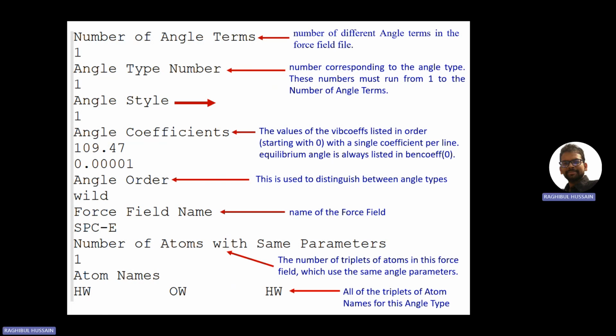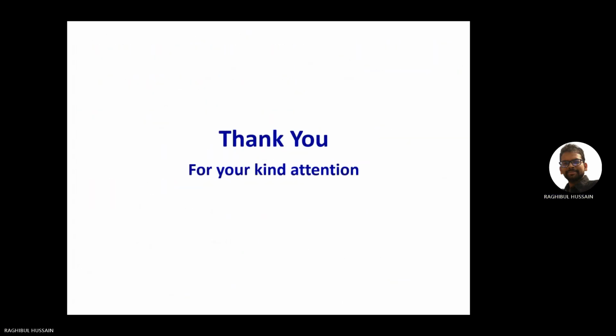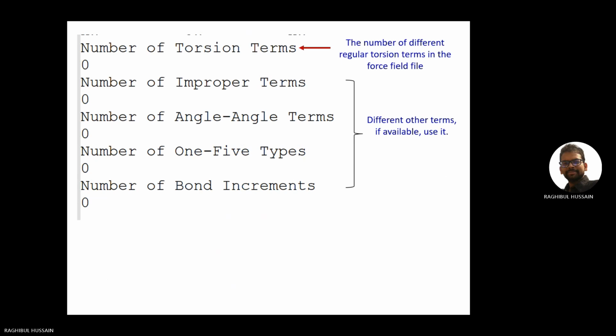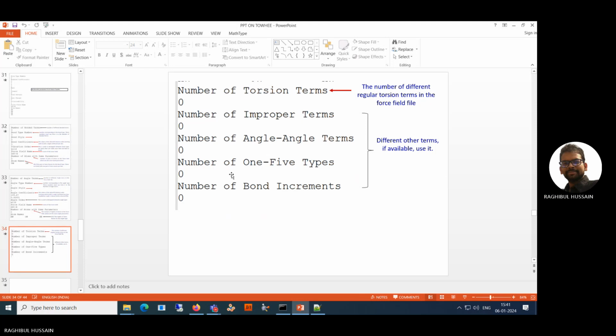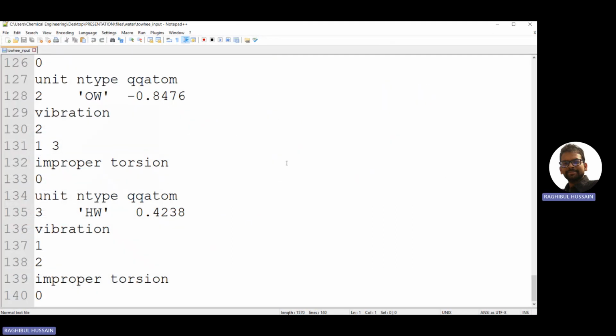So now we have the 2 files. Trolley underscore input, and second file is the trolley underscore post. Done. Now in the input file, you put the correct path of the force fields. Now you run the simulation. The force field file.